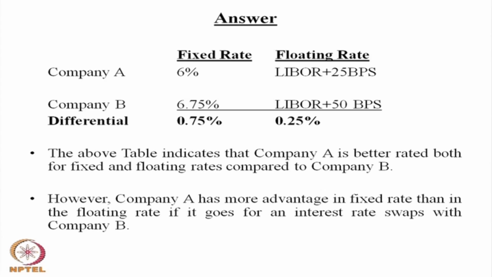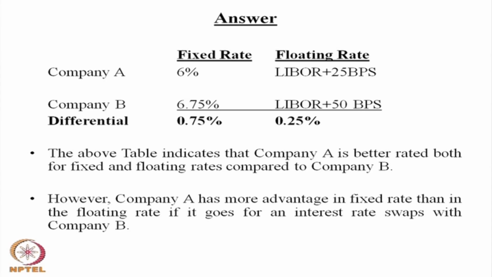We will see in which rate the transaction should take place, whether fixed or floating. If you see the problem, company A is getting a fixed rate of 6%, floating rate LIBOR plus 25 basis points. Company B is getting 6.75% and LIBOR plus 50 basis points.